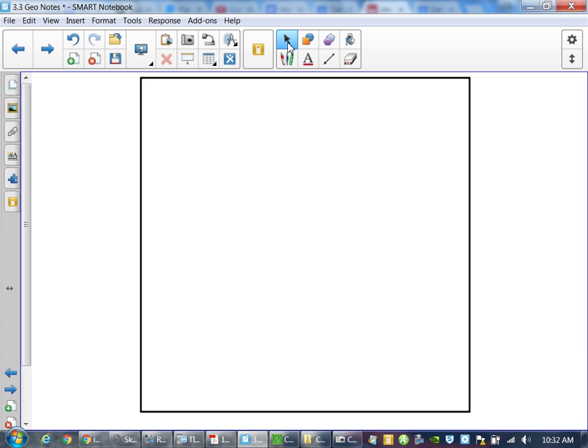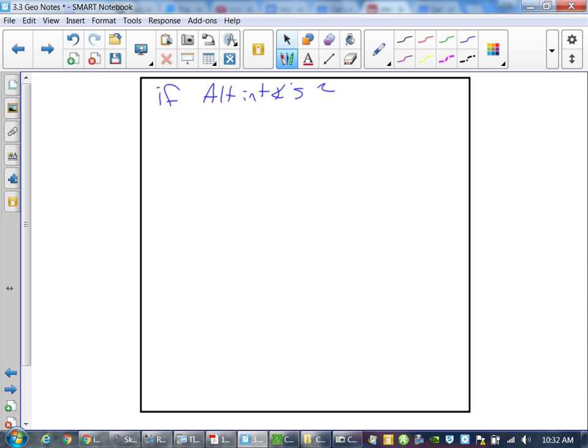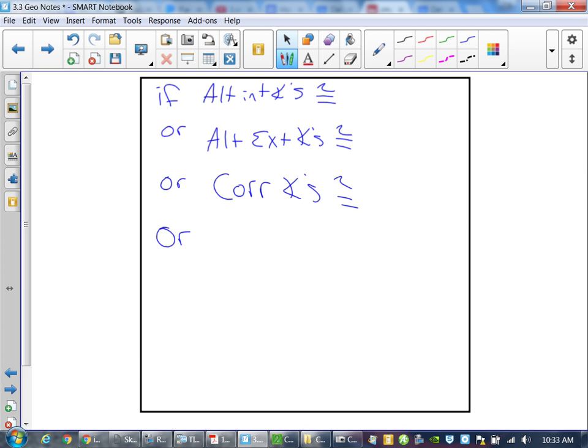So what happens here is you can do this. If alternate interior angles congruent, or alternate exterior, or corresponding, or consecutive supplementary.